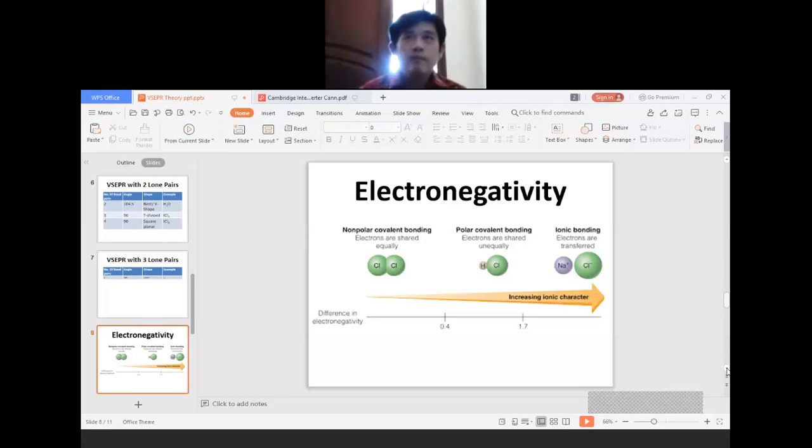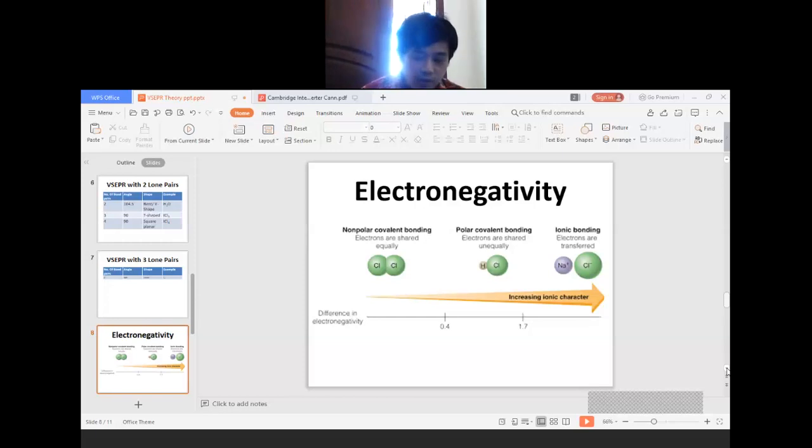So the ionic size of sodium is smaller than the ionic size of chloride. That makes an inequality of the electrons, and this inequality is very big. That makes the substance ionic bonding, and we know ionic bonding is polar.